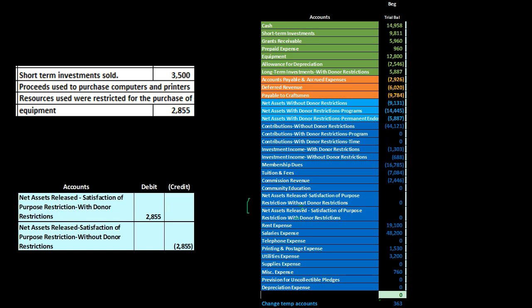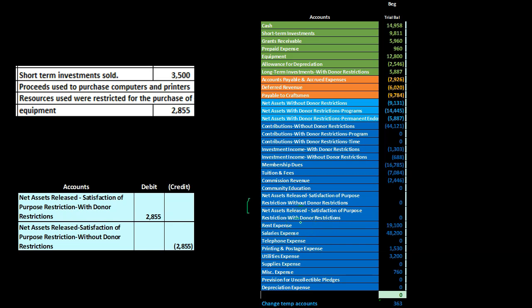That's what we want. We're always going to be increasing the one without restriction because the purpose of these two accounts is to take something that was previously restricted, transfer it to the unrestricted. You can think of it kind of like fund accounting, going from one fund to another, or an intercompany type of transaction. So the one with restriction then is going down.